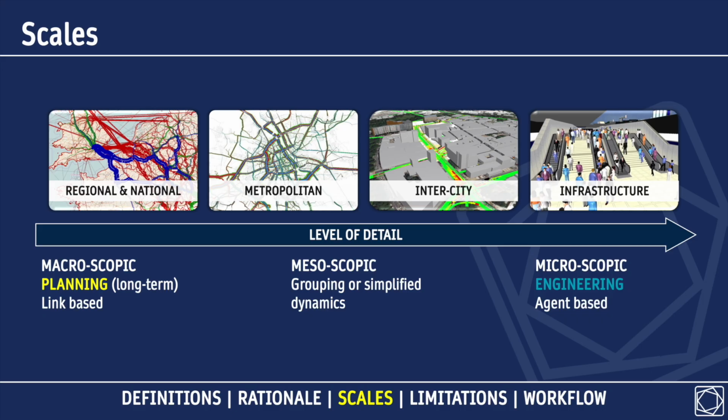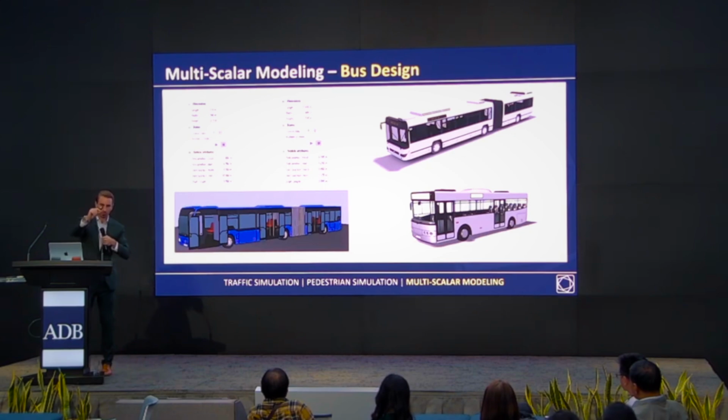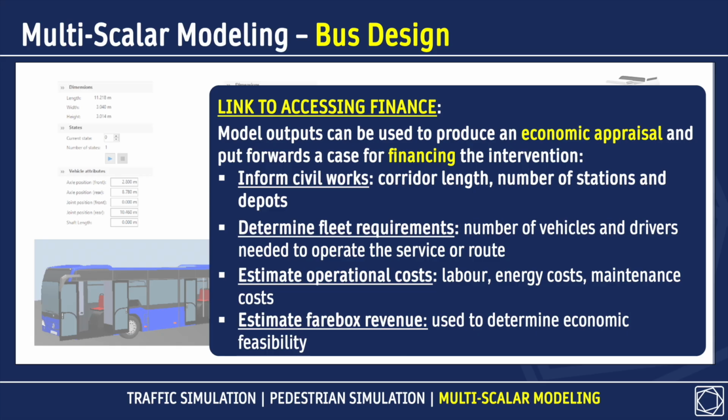So again, some of the solution providers provide integrated tools where you can really move through this entire workflow in quite a seamless fashion, from macroscopic to microscopic, which is quite neat. And that's really good for planning, engineering, designing, economic appraisal, and accessing finance.